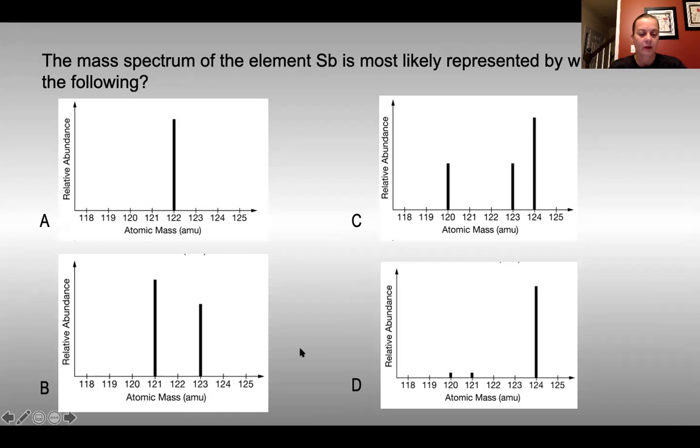So probably not this, because then we would have a mass of 122. It's close to 122, but it's not exactly 122. This would give us a mass close to 124. This would give us a mass higher than 122. This is going to give us a mass close to 122, but smaller than 122. So it's going to be B.